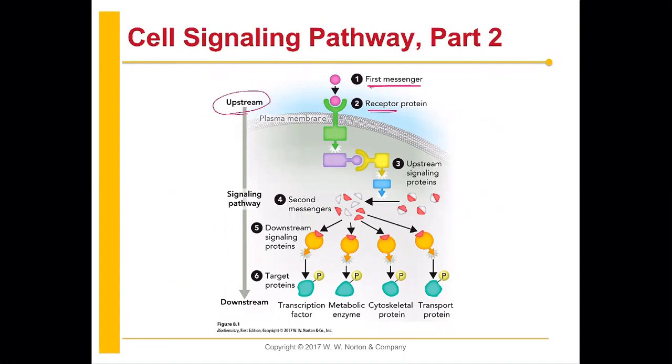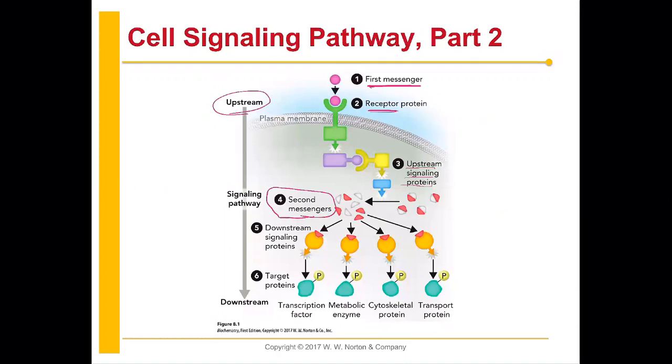So here's an example, right? We have some upstream signaling proteins. These are ones that are very close to the membrane, very close to the receptor protein. Then you're going to have second messengers, and these second messengers are going to induce the downstream signaling proteins, right?